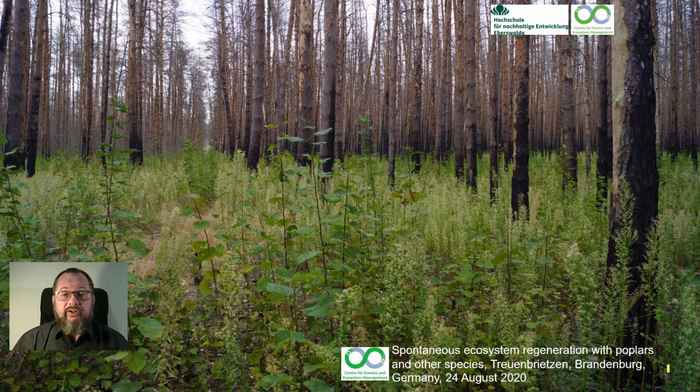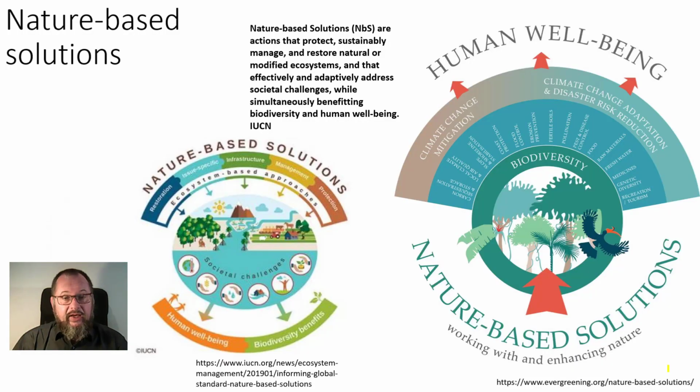Nature-based solutions can be pretty efficient, but open-ended, of course, and not really foreseeable which species when would grow here again, and if these tree species, for example, are including the target species demanded by the market. So therefore some conflicts arise.